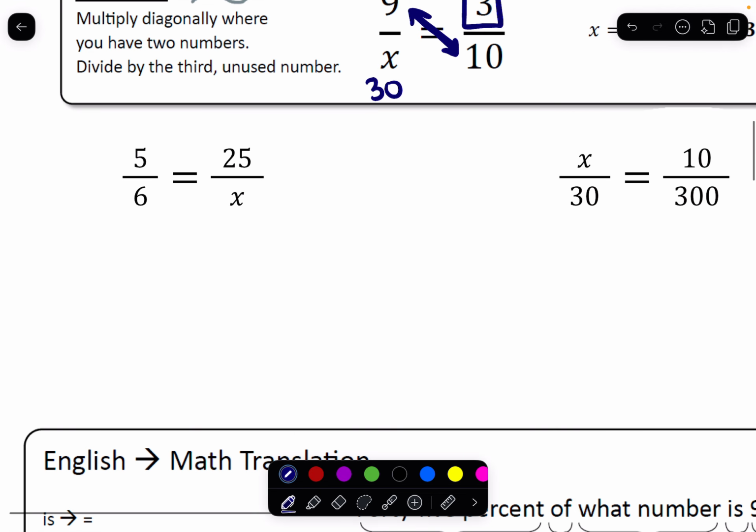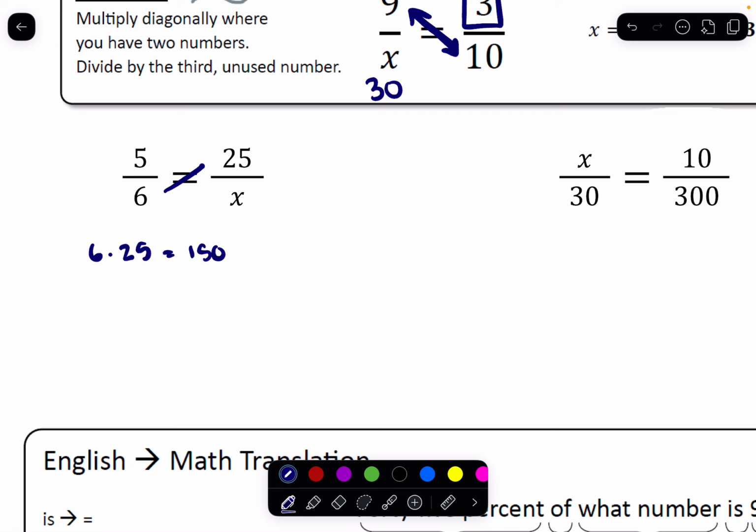This next example, 5 over 6 equals 25 over x. You look at the numbers that are diagonal from each other. So these two are my diagonal. What I want to do first is multiply 6, I'm going to use a dot, by 25. 6 times 25 is 150.